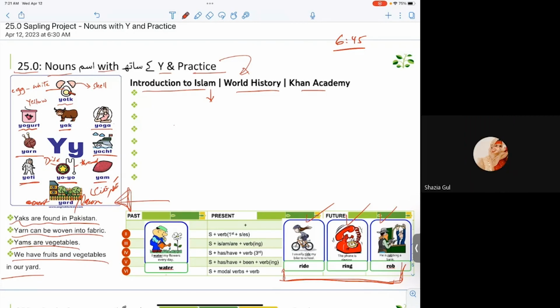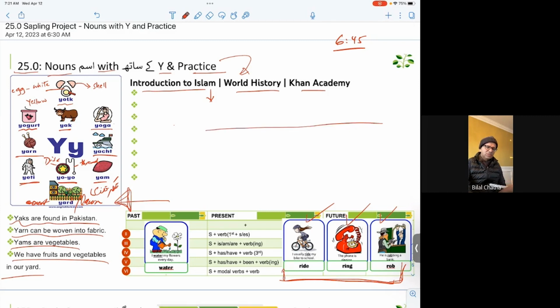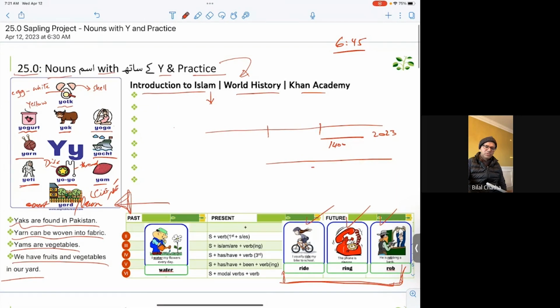Sir, I think 2000 years ago. Okay. So, one second. So this is about 2023. So Islam came about 1400 years ago. Christianity came about 2000 years ago.